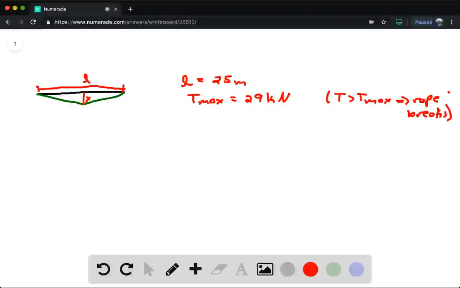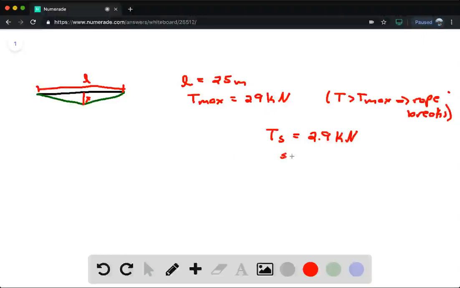So I wrote some of that information down, and I'll label it TS, the safe maximum tension, 2.9 kilonewtons. For part A, we're asked, if Bob's mass is 72 kilograms, determine the distance x that the rope must sag at a point halfway across if it is to be within the recommended safety range.